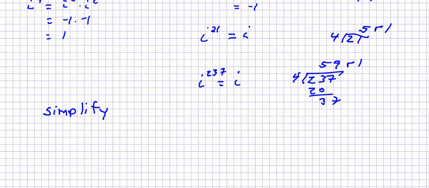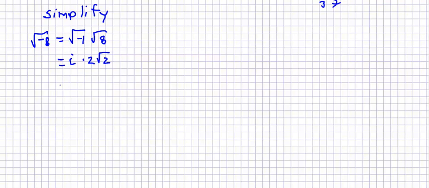So if I ask you to simplify the square root of negative 8, that's equal to the square root of negative 1 times the square root of 8, or i times the square root of 8, which is 2 square root of 2. 8 is 4 times 2, and the square root of 4 is 2. And we write that in this manner: 2i square root of 2.